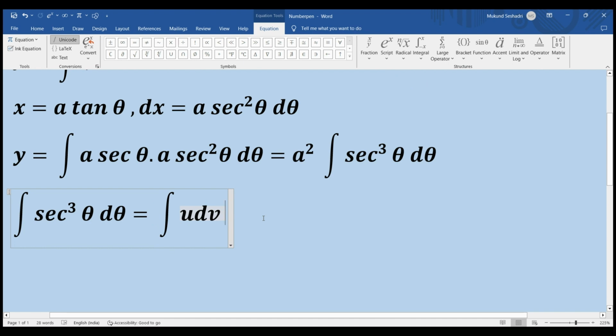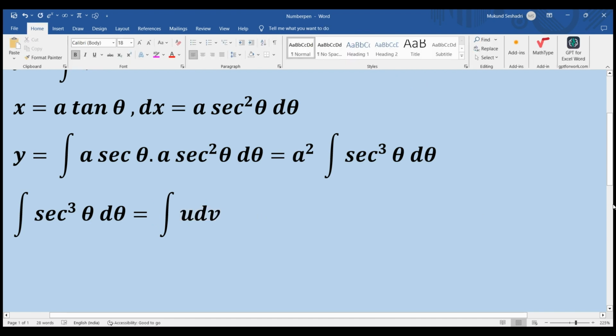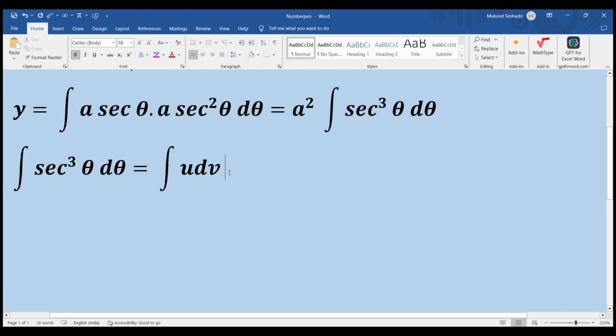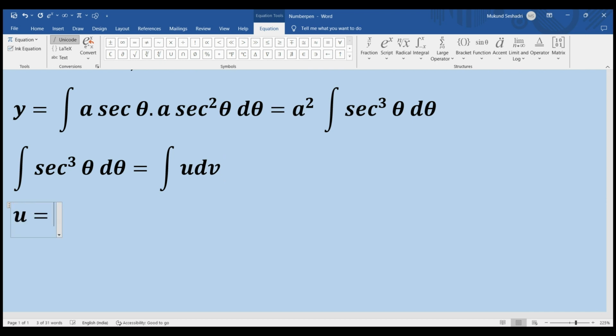So the job in hand is to identify what is your u and what is your dv, right? So the way we do this is my u will be equal to secant theta and my dv is nothing but your secant squared theta d theta, right?